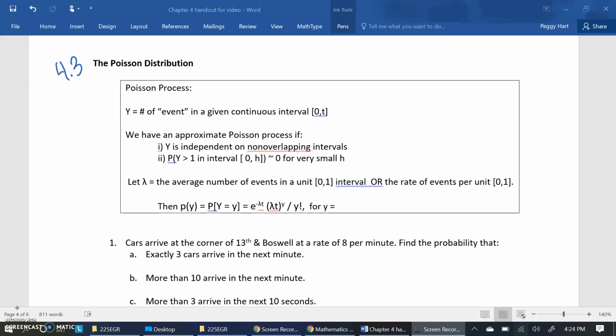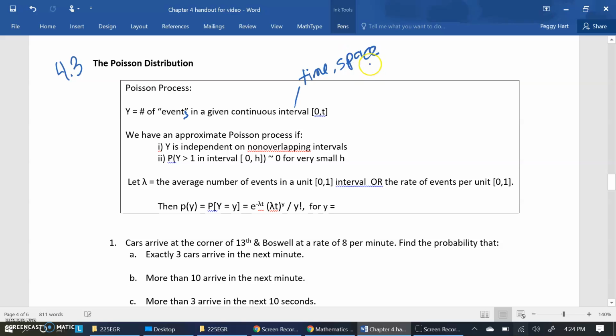But what we have here is the Poisson process, or Poisson experiment, is always counting the number of events, all right, events, in a given continuous interval 0 to t. So you have like a time interval or a space interval or something like that. This interval is usually time or space related.